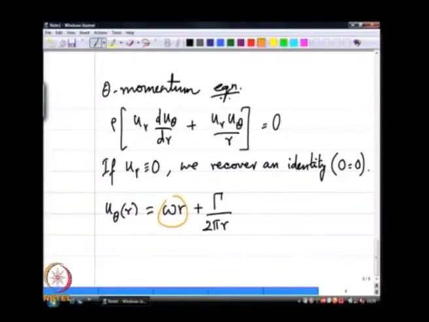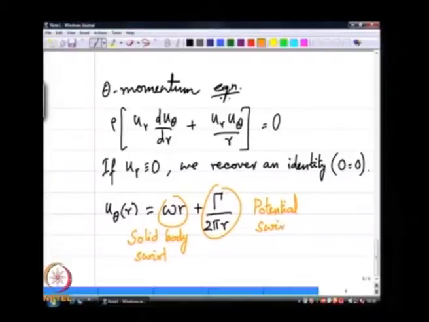The first term is called solid body swirl, and the second is called potential swirl.